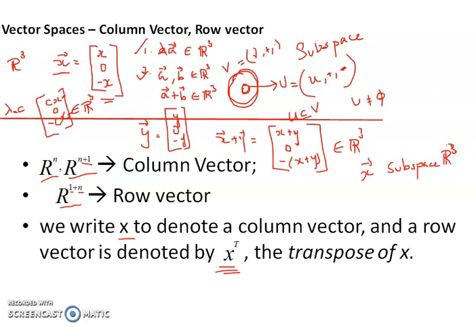From the definition, this x will be taken as the element of U, and R3 will be taken as the vector space V. So this is how you will find the subspace for any vector space.